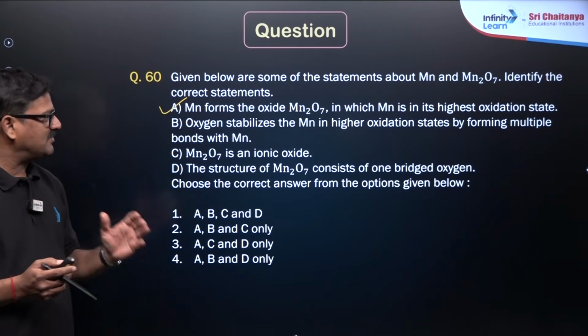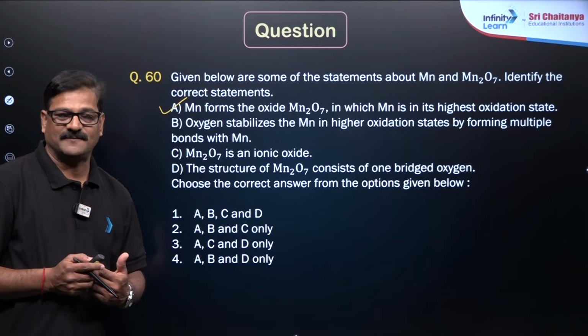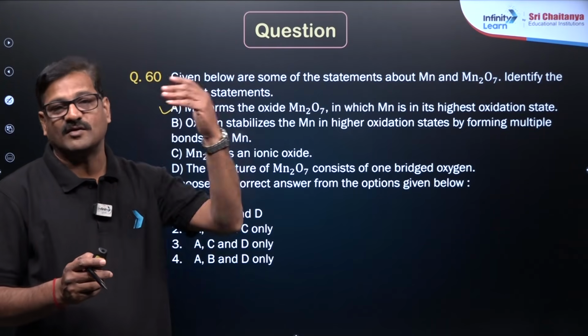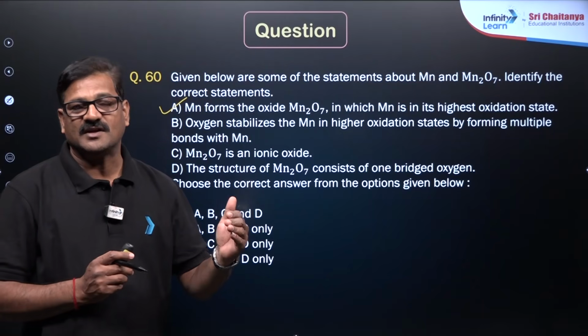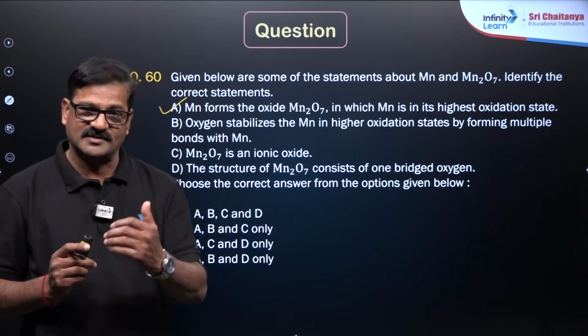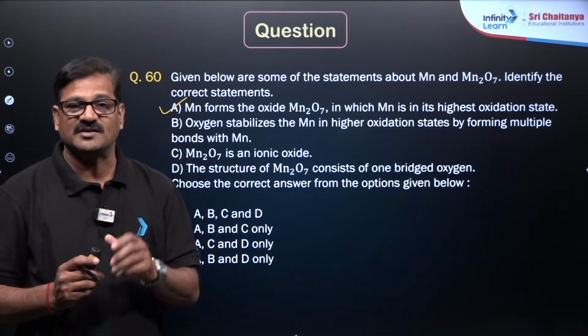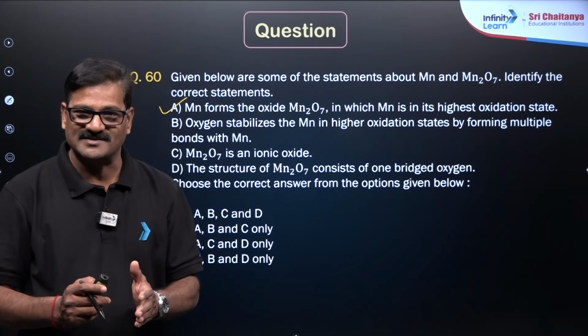And oxygen stabilizes the manganese in higher oxidation state by forming multiple bonds. Exactly. Transition metals are going to form highest oxidation state when they bind with most electronegative elements like fluorine and oxygen, because oxygen takes the metal into its highest oxidation state as it forms multiple bonds and the bond is going to be stabilized.